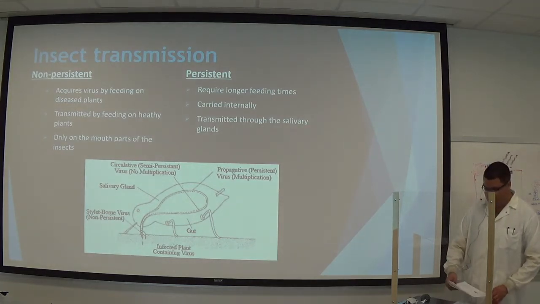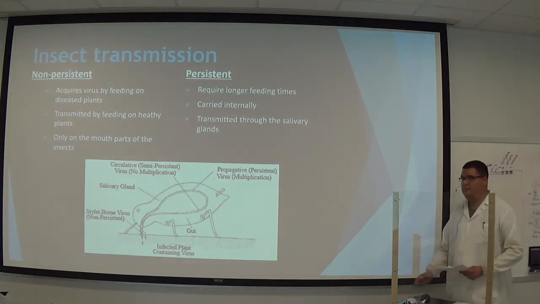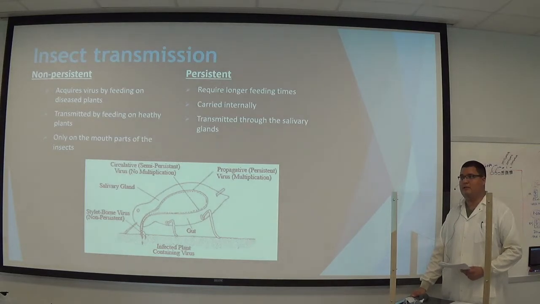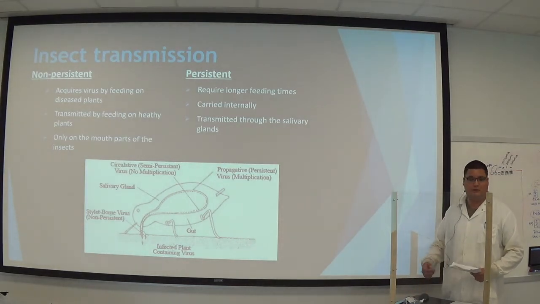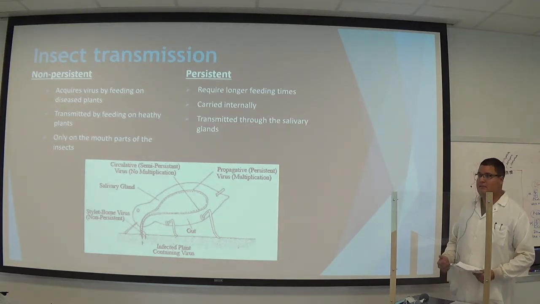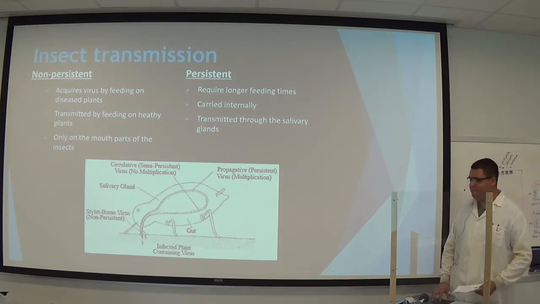Now, when we look at the types of transmissions that these insects can have, we need to take into account the fact that some viruses can replicate within the insect, and some insects can even, if they reproduce while they're infected with the virus, their offspring can also contain that plant virus.